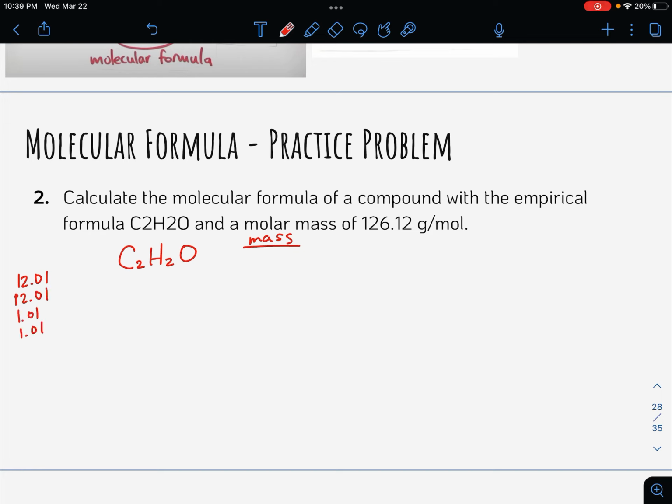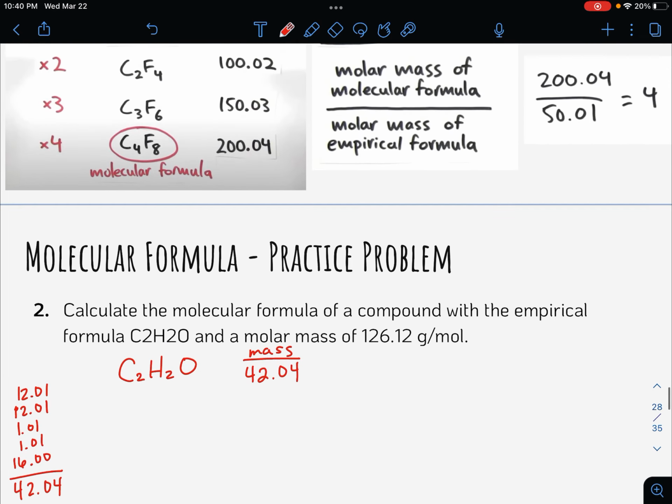I also have 2 hydrogens, and then I have 1 oxygen. I'm going to add up all of those masses, and I get 42.04. So the empirical mass is 42.04.